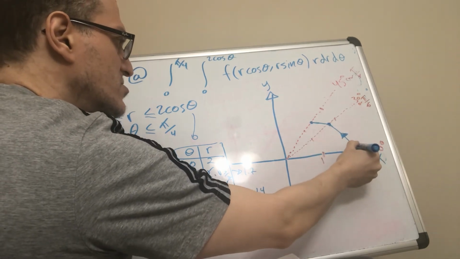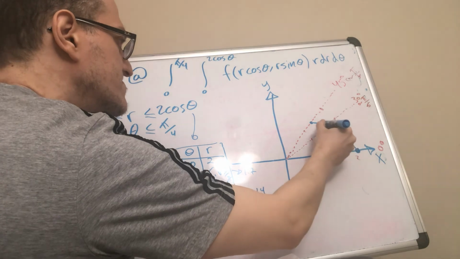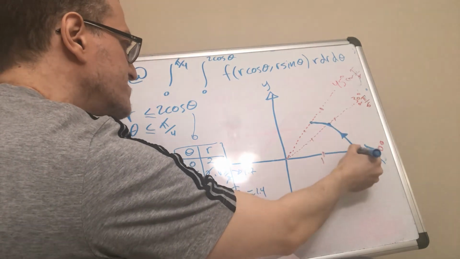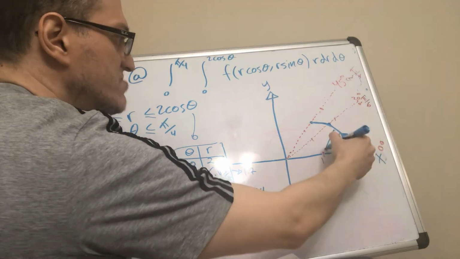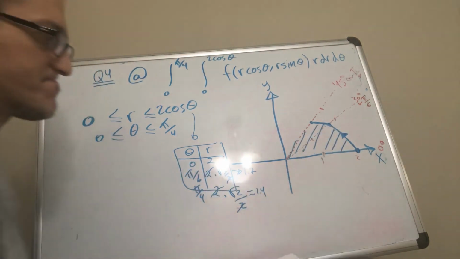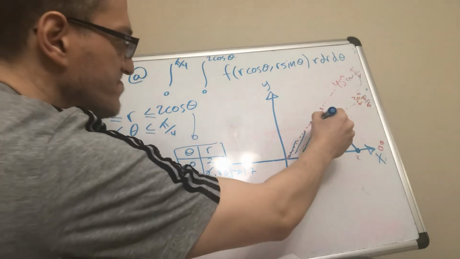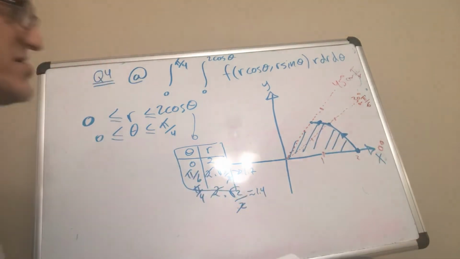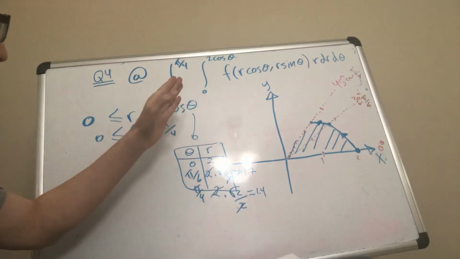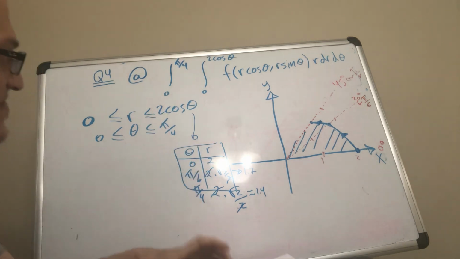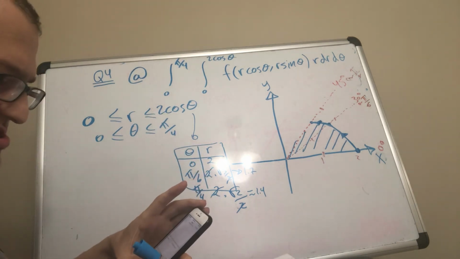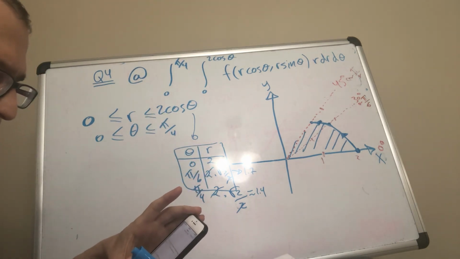So it will look something like this. So this would be your region. Good, so this is your region. You can show it this way. I think that's all they want you to do in part A.